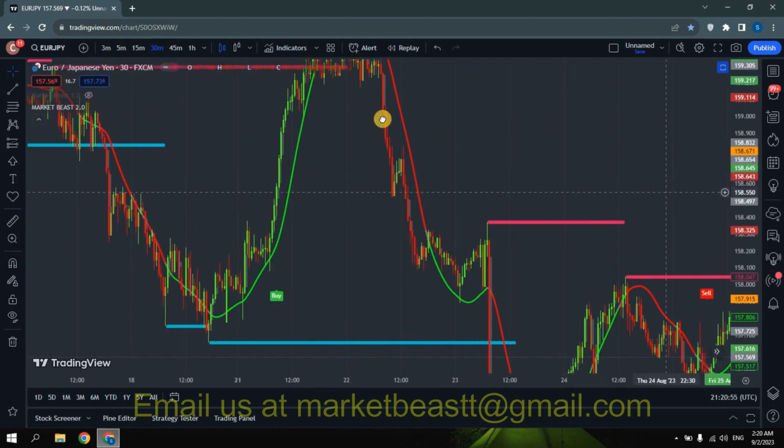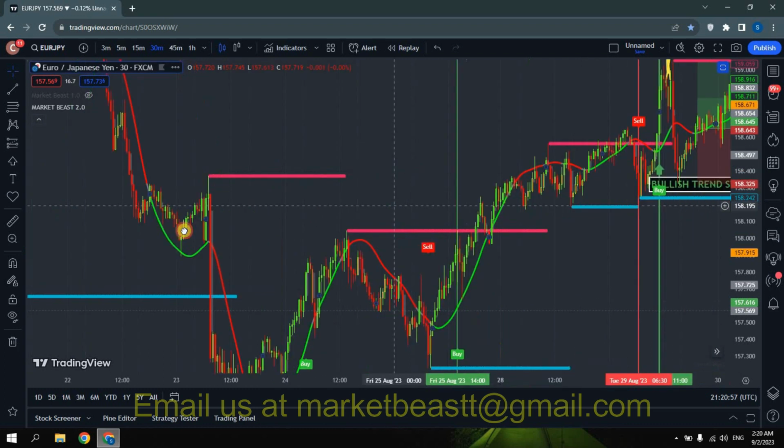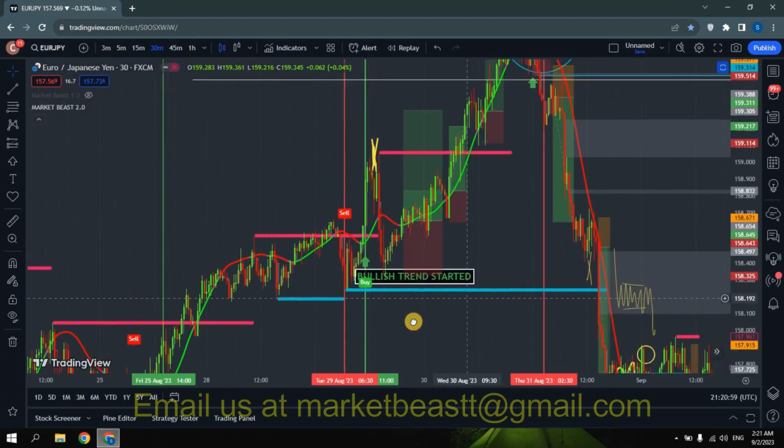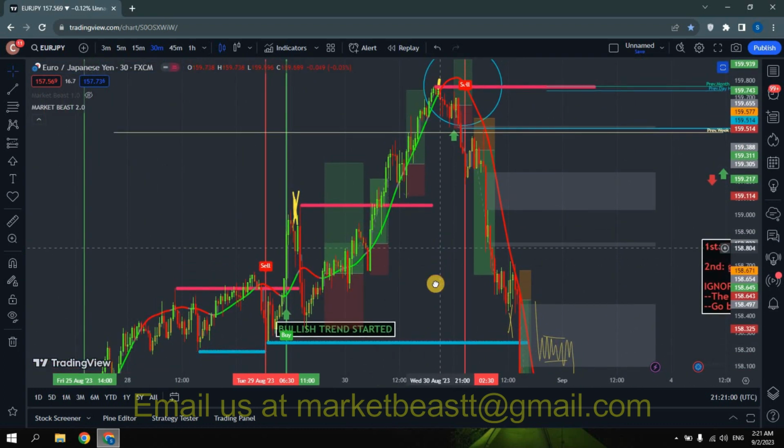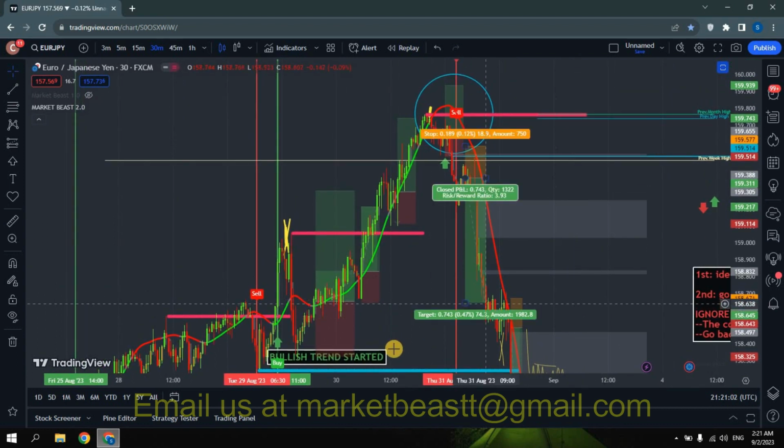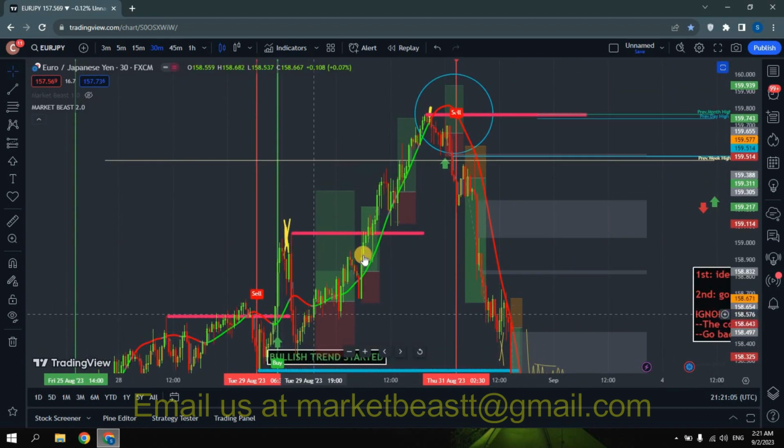So on 30-minute, let me go there. From here to here we were in an uptrend. Look at this, the line is green. We were taking nice longs, okay?